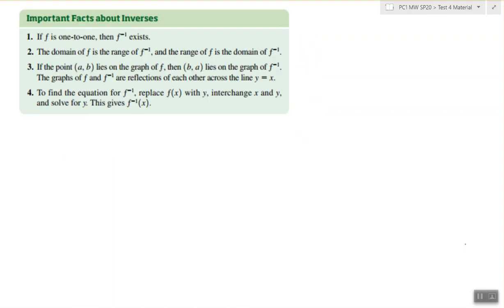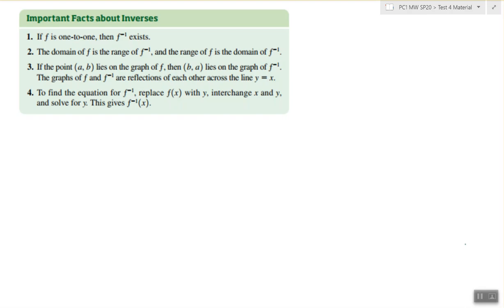So here are some important facts about inverses. If f of x is 1 to 1, then we know that the inverse exists. The domain of f is the range of f inverse, and the range of f is the domain of f inverse. If the point (a, b) lies on the graph of f, then the point (b, a) lies on the graph of f inverse.